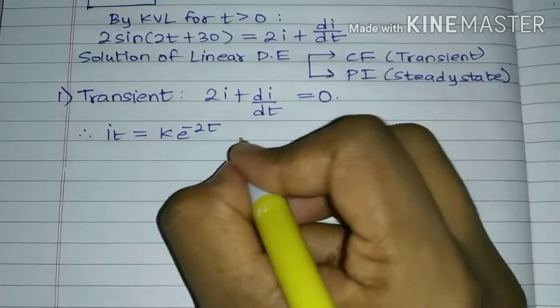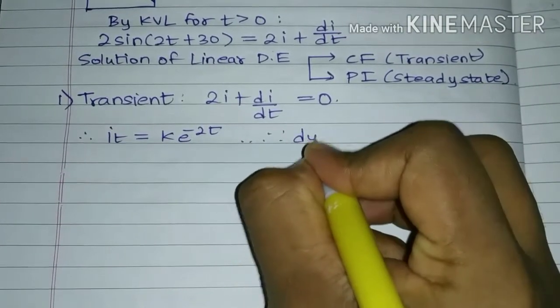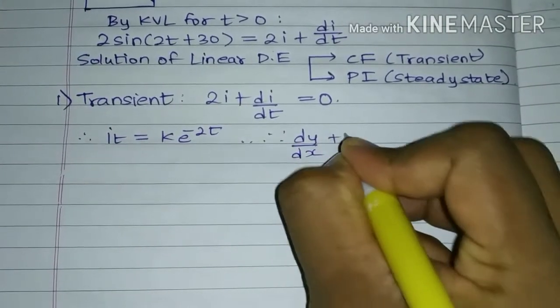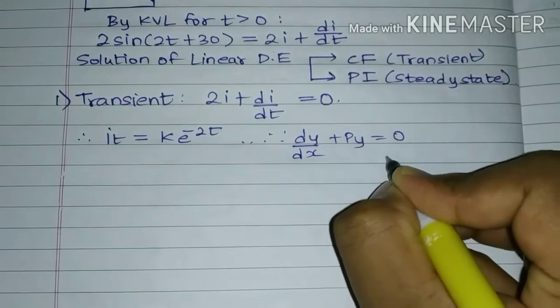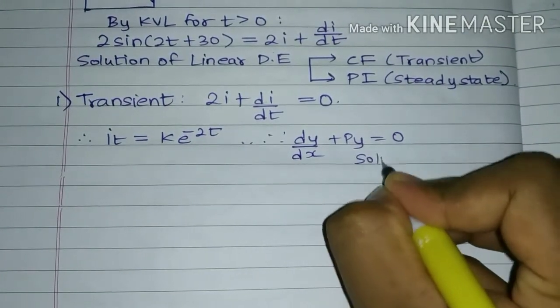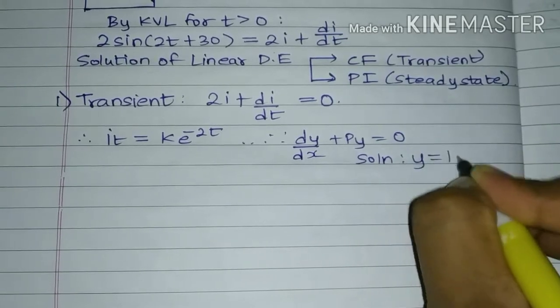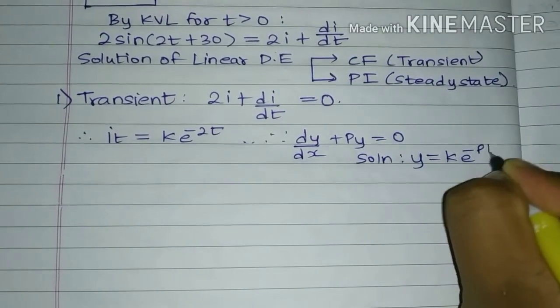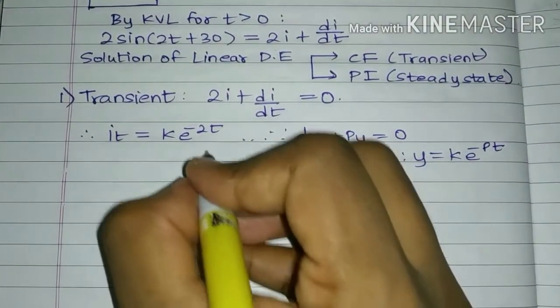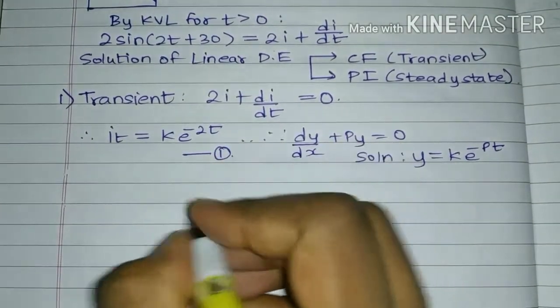This is because if we have a differential equation of the form dy by dx plus py is equal to 0, we can write its solution as y is equal to k e raised to minus pt. So let's name this as equation number 1.